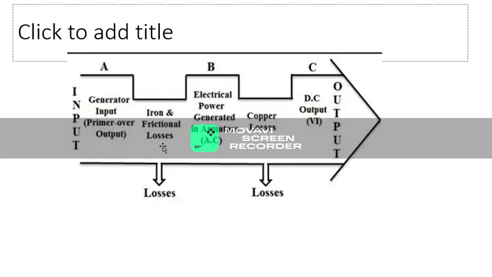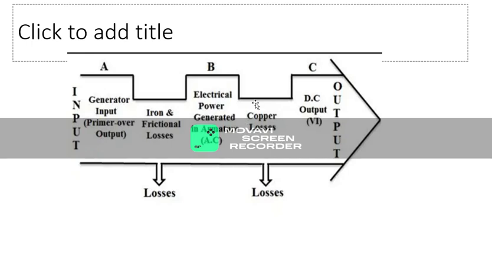After that loss, you can see the next stage, the electrical power generated in the armature, that we already derived as EG. EG is the electrical EMF generated, and the electrical power generated in the armature is EG into IA. Next, there will be some copper losses.